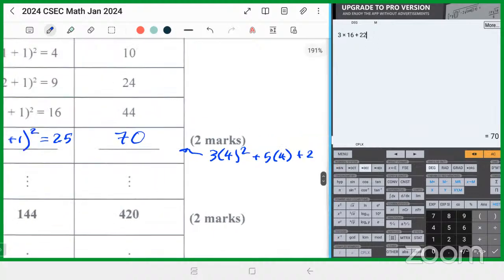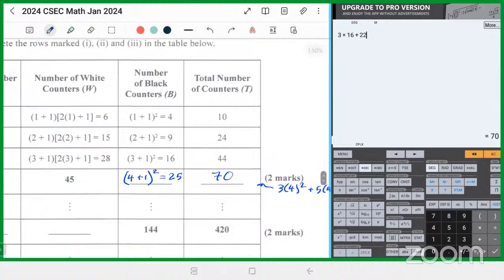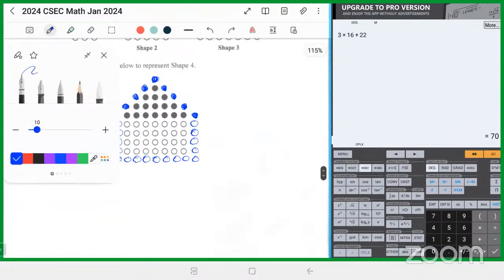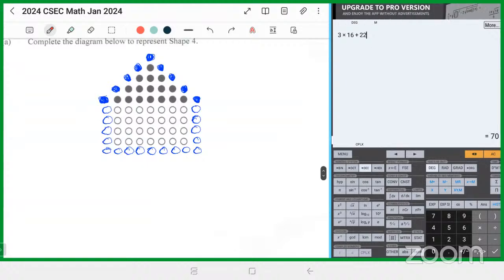All right, and then what we can do is sort of double check, because this is saying our white squares are 45 and that they are 25 black to give us a total of 70. So we can kind of check it quickly on this to make sure that we did follow the pattern correctly. So in our fourth shape, there are, let's do the white first. So there are 1, 2, 3, 4, 5 lines of white by 1, 2, 3, 4, 5, 6, 7, 8, 9.